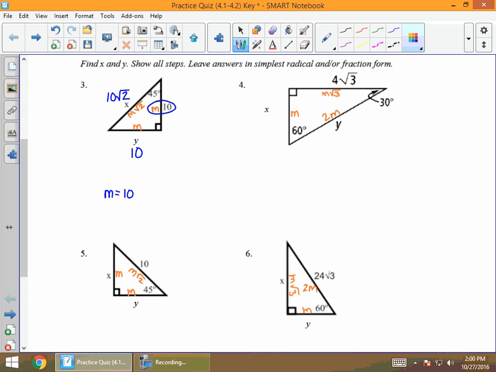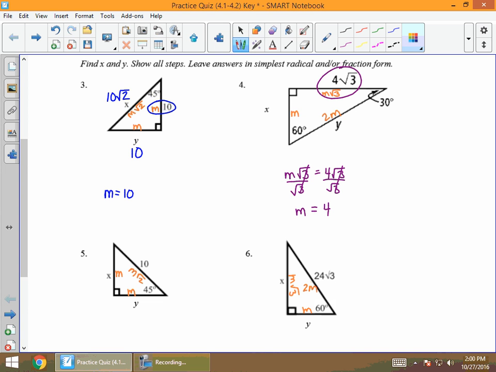For number 4, find my equation. Here's my equation right up here. So m radical 3 is equal to 4 radical 3. Divide both sides by radical 3 to solve for m. So m is equal to, well, radical 3's cancel on both sides.